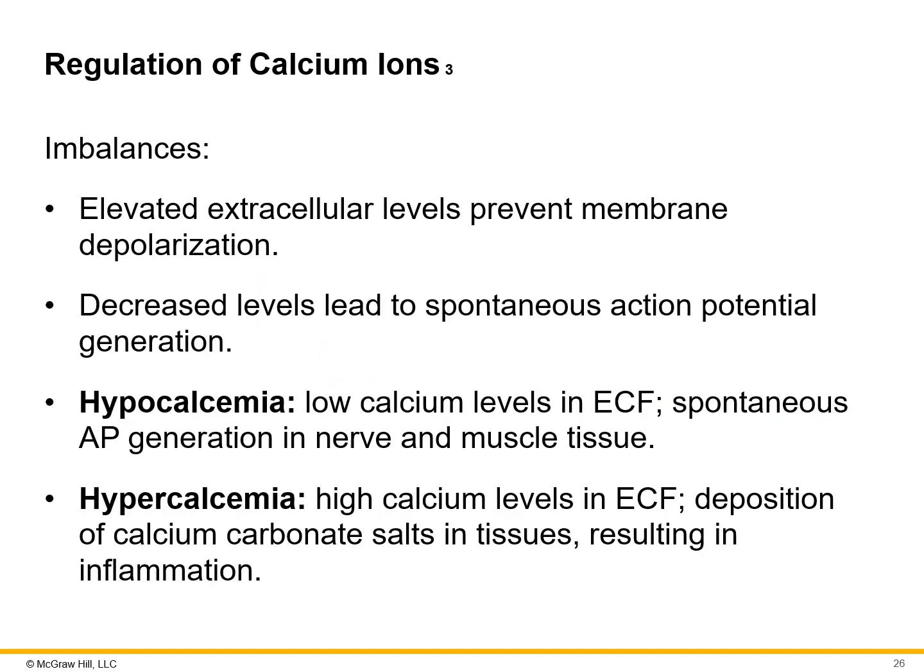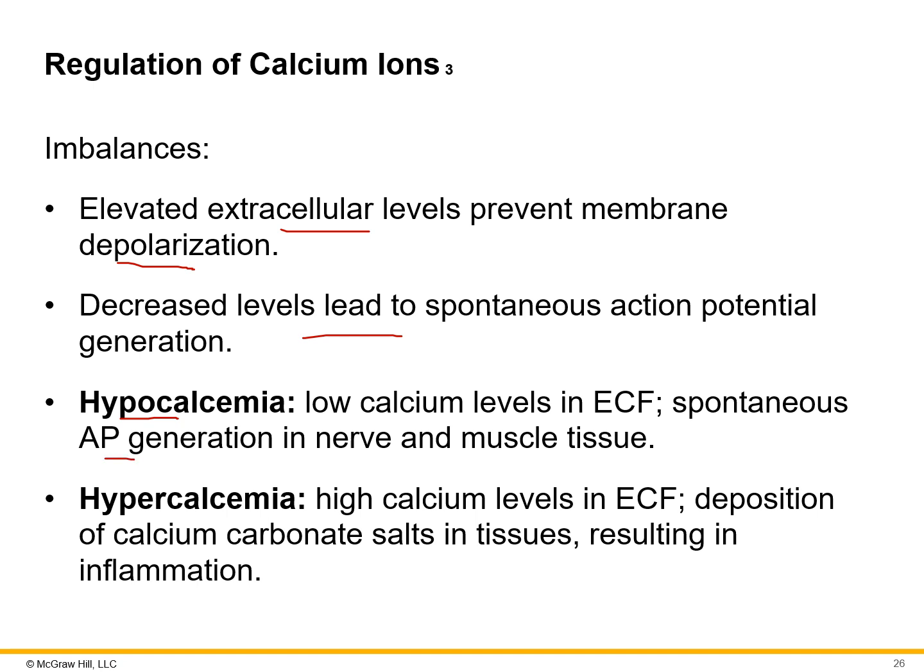So then regulating these imbalances, again, elevated extracellular calcium prevents neurons from becoming depolarized. A decreased level leads to spontaneous action potentials if we don't have enough of it. Again, our same terms, hypocalcemia is low calcium in the extracellular space.